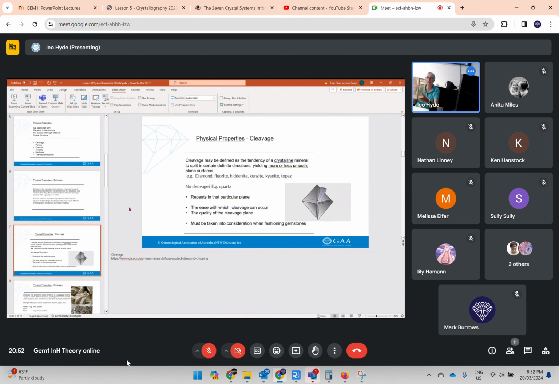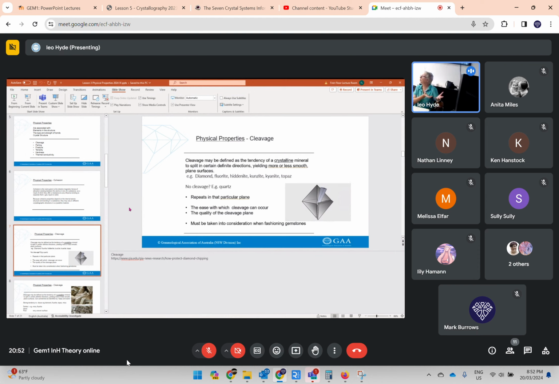It would just keep breaking off. Why? Because in that direction of the basal plane for topaz, that is a cleavage plane. So once you try to polish it, it will just keep on breaking in that direction. So it will break parallel to a crystal face, leaving more or less smooth faces.